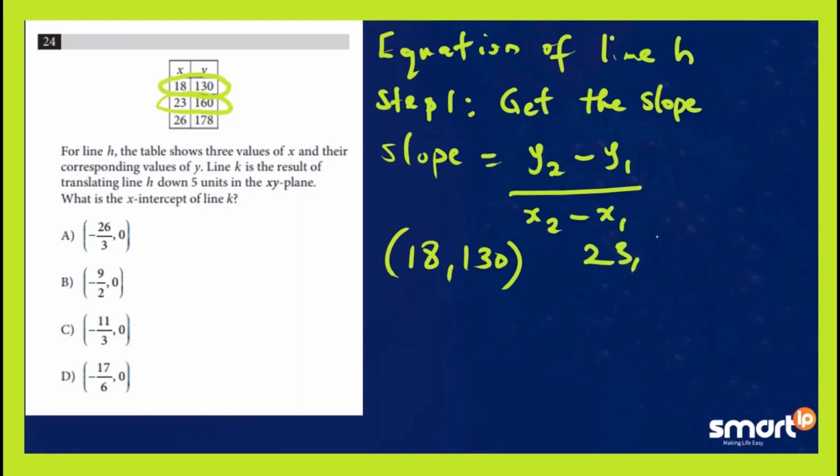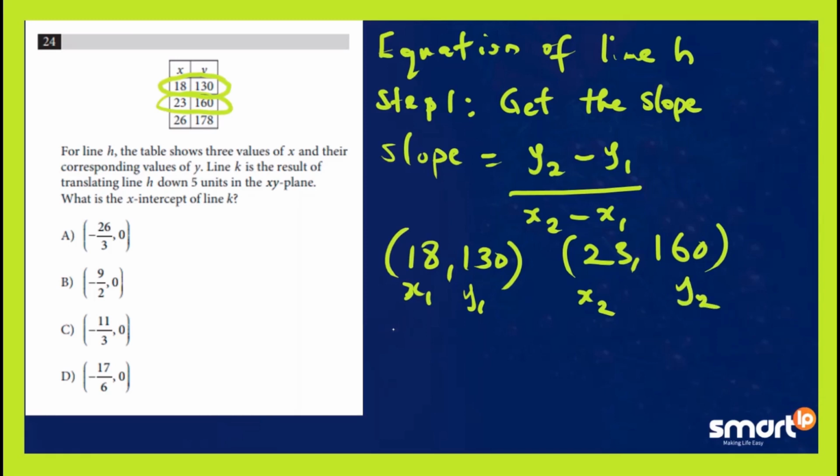The 18 is going to be the x1 coordinate, and the 130 is going to be the y1 coordinate. The 23 is going to be x2, while the 160 is going to be the y2 coordinate.